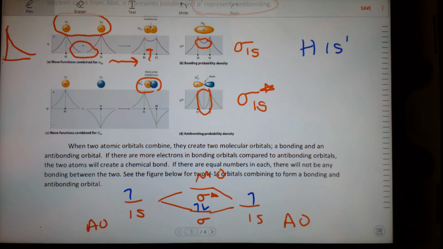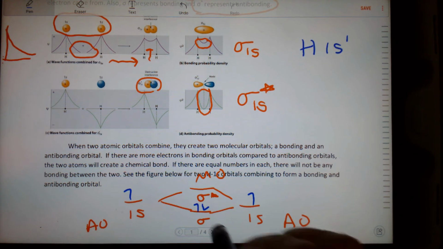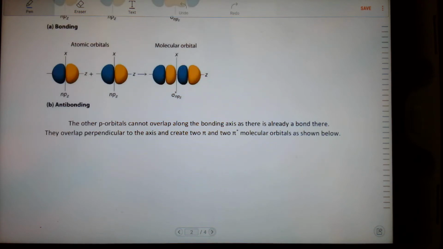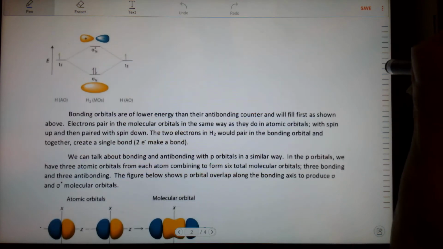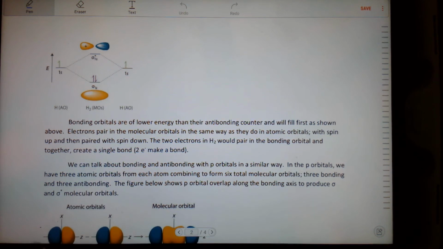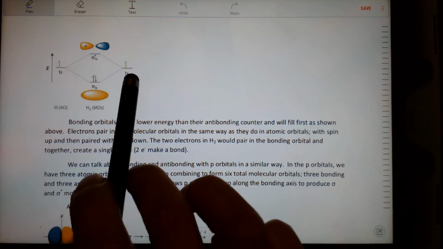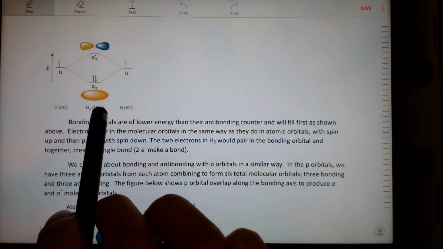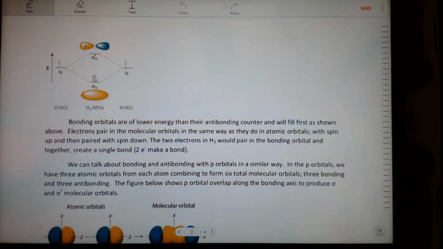Okay, so let's keep moving. We have a fair amount of pages to go through here. So that's our example for 1s. Okay, so it does get a little more complicated. Here's the picture I just drew you on the other one. So for our hydrogen, 1s, the atomic orbitals forming the molecular orbitals.